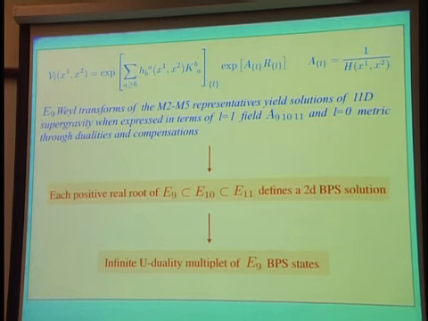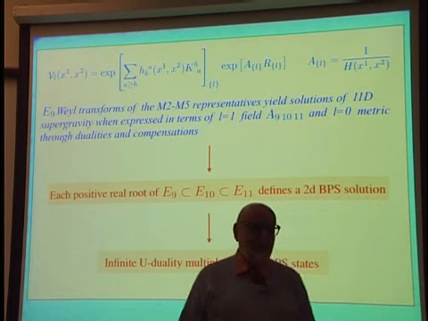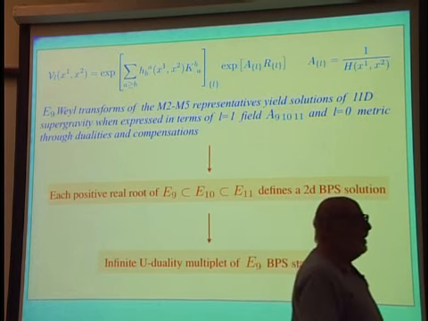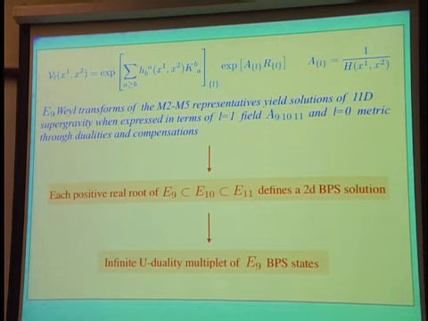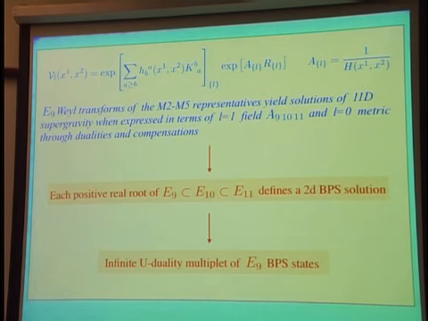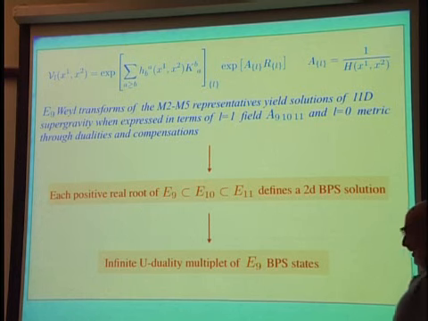In this way, we shall find an infinite number of solutions of 11-dimensional supergravity, and we shall also find that because they are obtained by Weyl transformation of E9, something this man knows very well, they are related by U-dualities to the M2 and the M5.